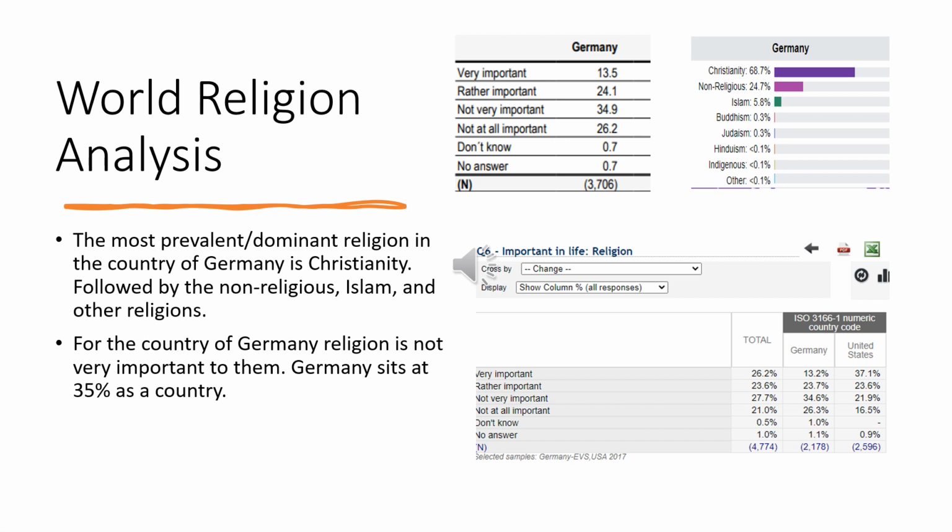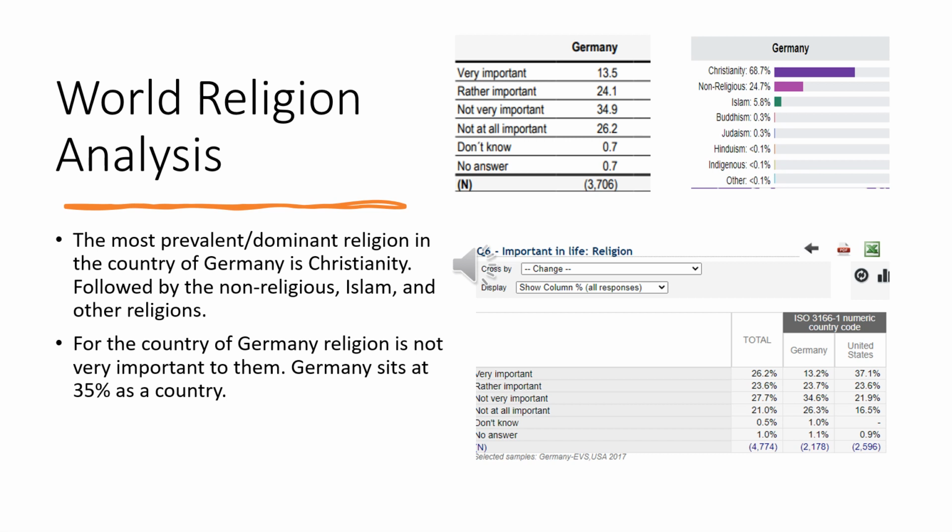As it comes to importance, religion is not very important to Germans. About 35% of the country says that religion is not important to them, and that teaching the faith of Christianity is not important to them.